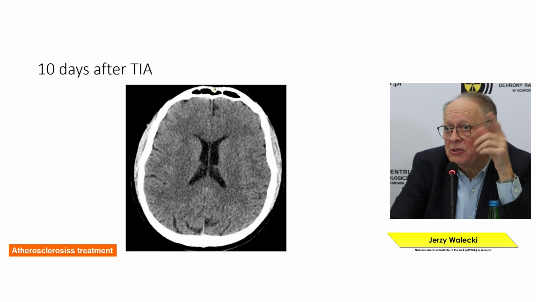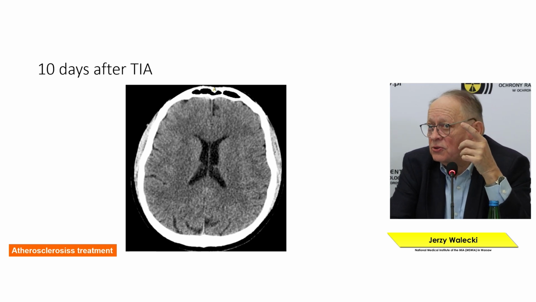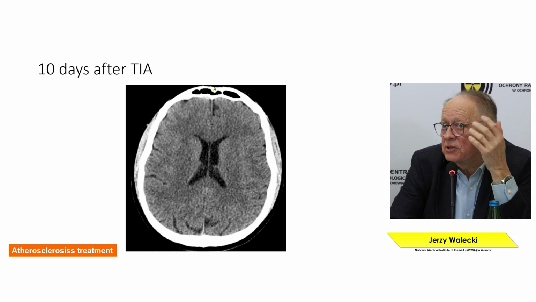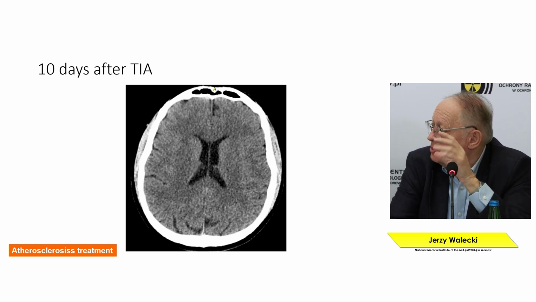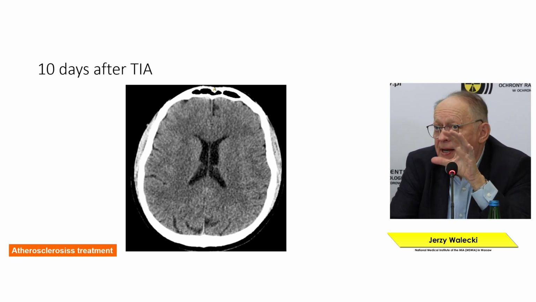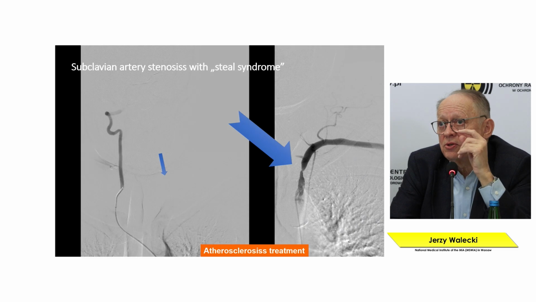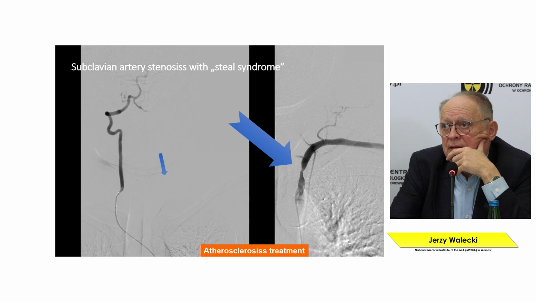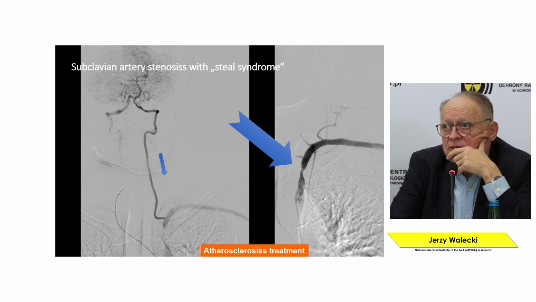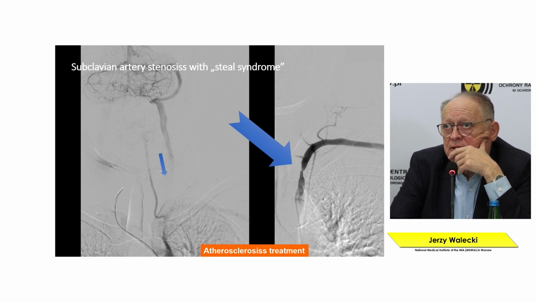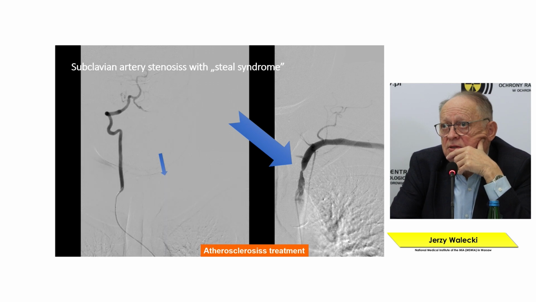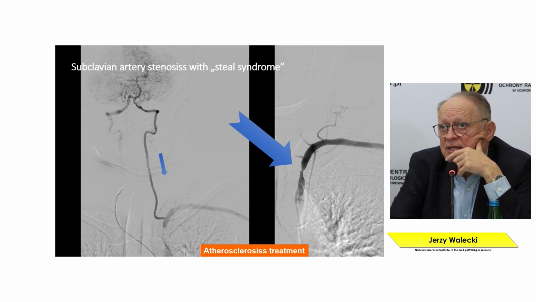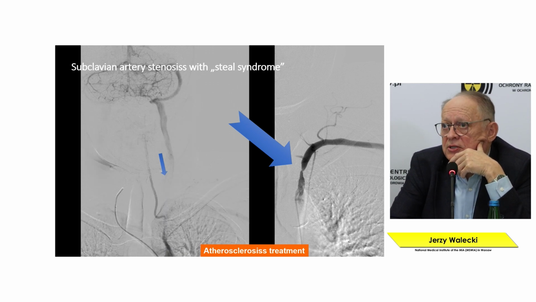Ten days after this TIA, which is a kind of mini stroke, which hasn't taken place, but which shows that there is something wrong with arteries. So we have subclavian artery stenosis, where the so-called steal syndrome develops.